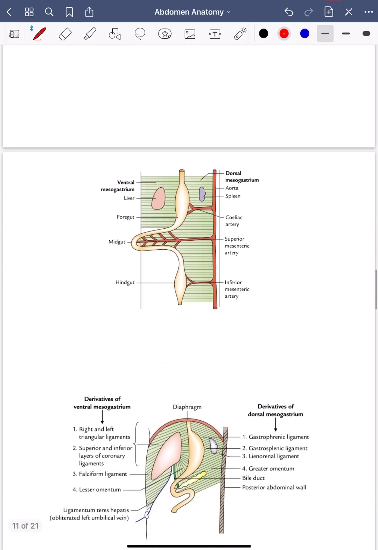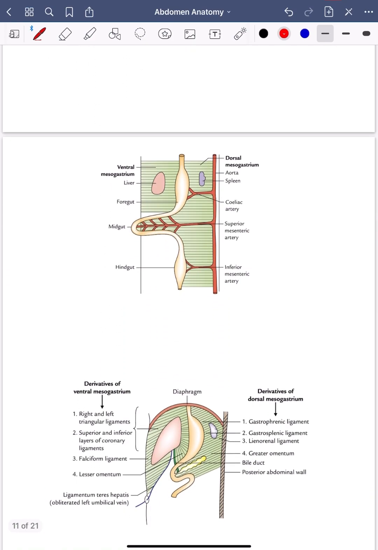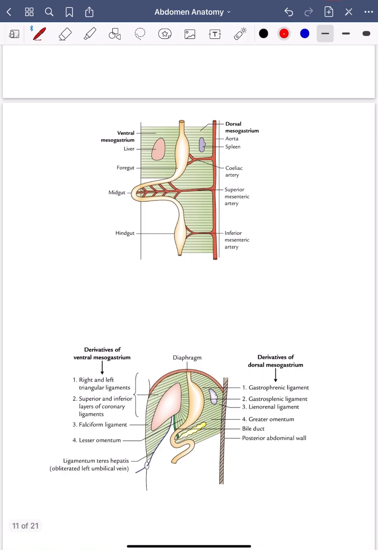So in this diagram, we're looking at the embryo from a lateral aspect. This is the dorsum, and this is the ventral area, this is the superior, and this is the inferior, or the cranial and caudal.